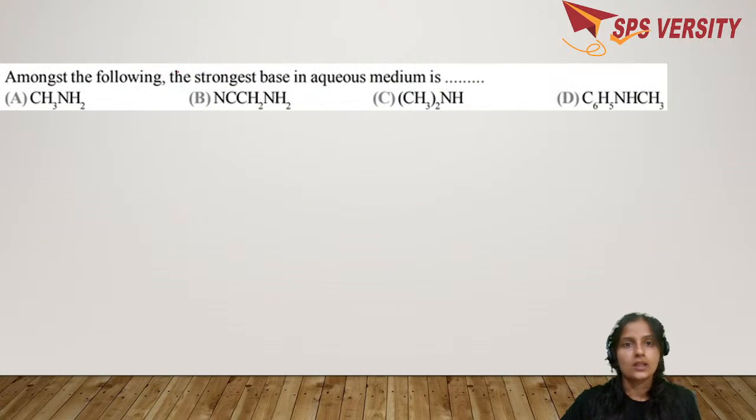Amongst the following, the strongest base in the aqueous medium is, how do you find it out? What do you mean by the strongest base in the aqueous medium? How do you find it out?